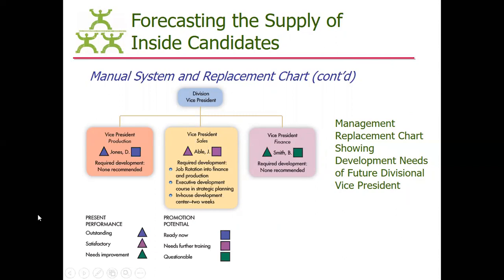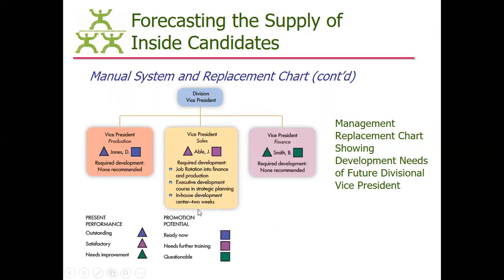And these are some legends that show the competency level of the vice presidents for the division vice president. So this blue triangle shows outstanding performance, while the purple represents satisfactory performance, and the green represents that the particular candidate needs some improvement.